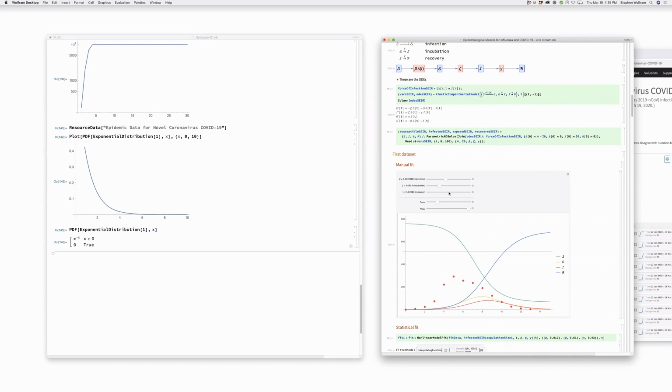As you increase the recovery time, why does that make... no, that's not time. That's recovery rate. Oh, I see. So increasing the recovery rate means people just get better quicker, and so not many people are sick. Okay, I understand.